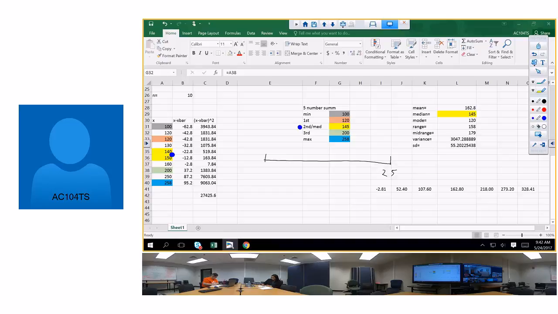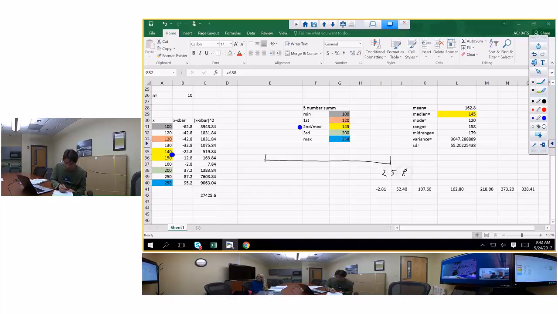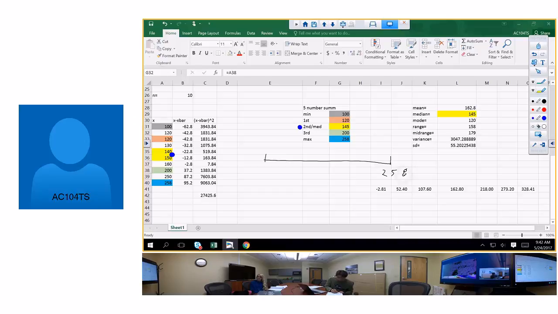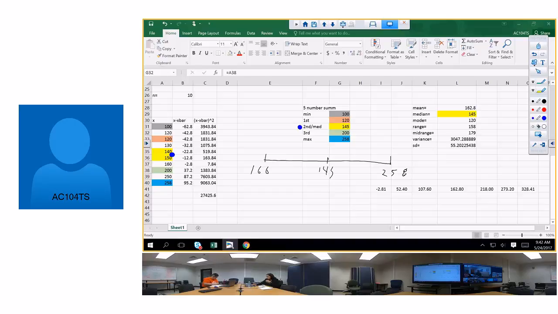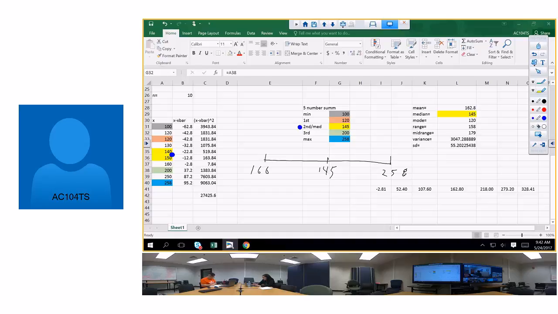$258. This works so much better with a board. And 100. And 145 in the middle. And between 145 and 255 is what? 110.